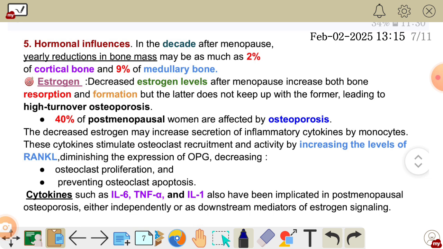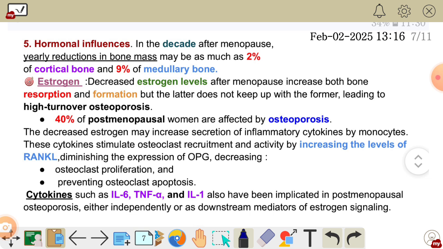What is most significant here is estrogen. In postmenopausal women, there is a decrease in estrogen levels after menopause, and this decrease will lead to increased bone resorption compared to formation. If we have high bone resorption as compared to bone formation, that will lead to high turnover osteoporosis.